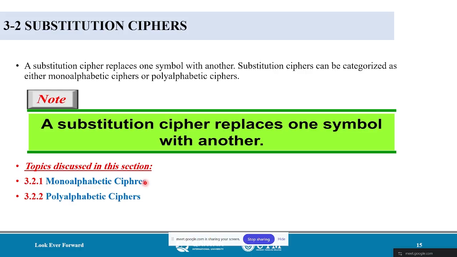This is the main idea, guys, because we will also have the transposition, or rearranging the text. However, in substitution, we will change A to B. In transposition, which would be the other part, let's say we have E in here, we will change its place to C or into here.